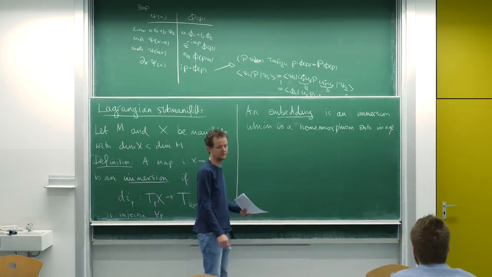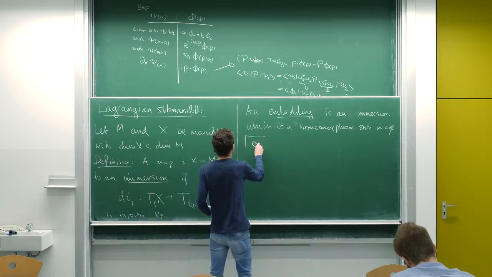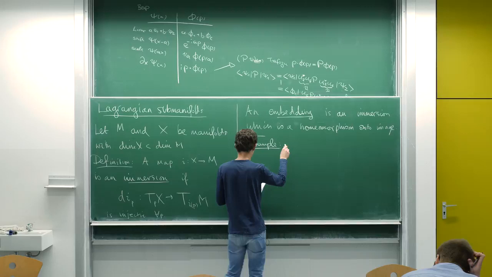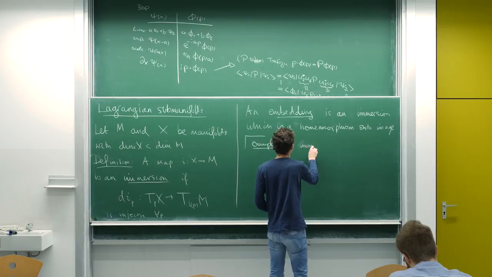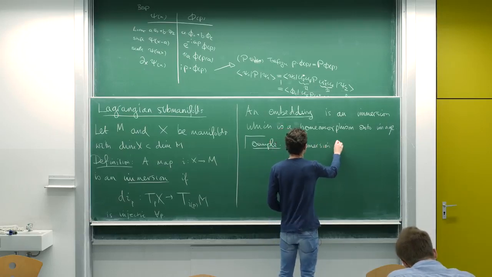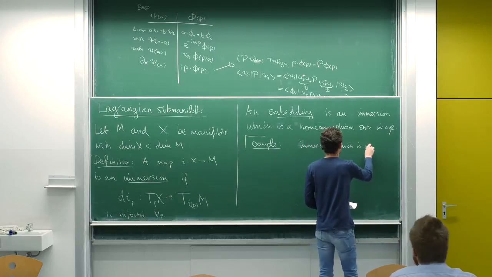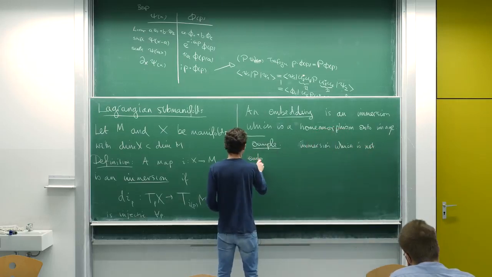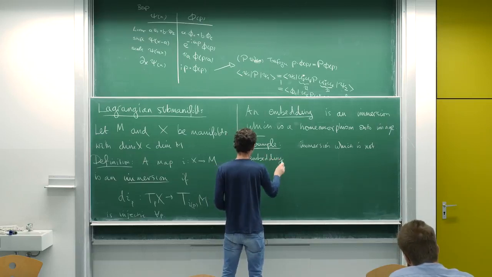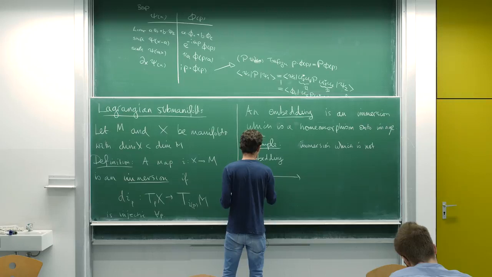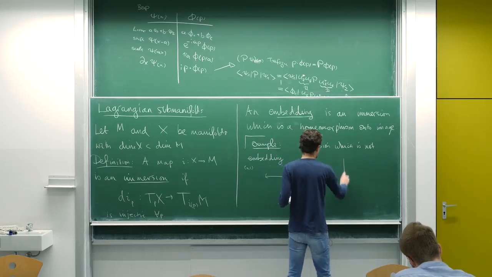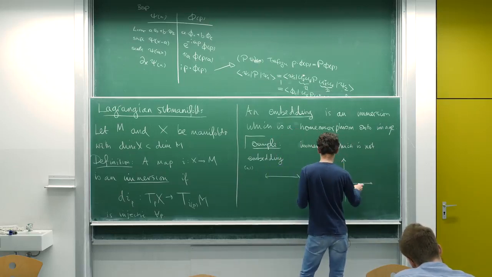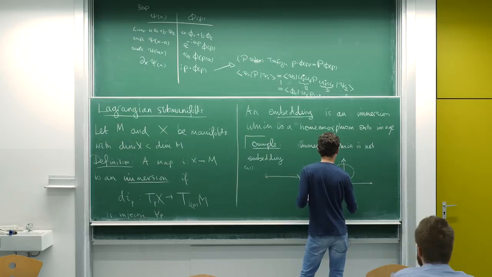But things can still go wrong. So I'll give you a little example. Some mapping of the open interval 0 to 1 into R2. And I'll decorate the ends with arrows.